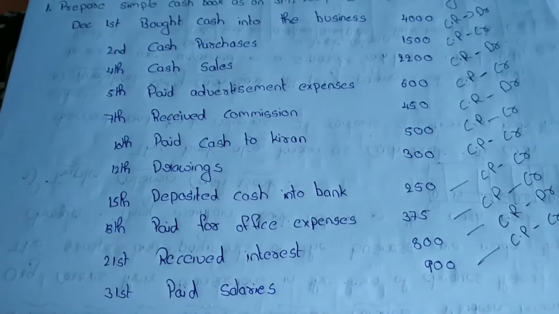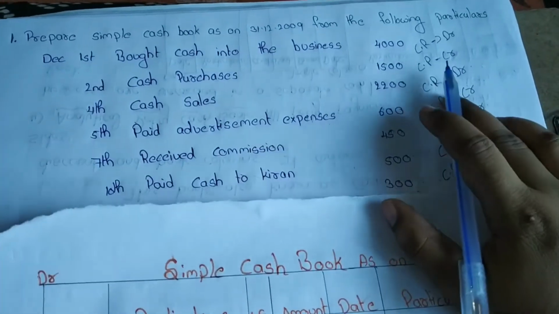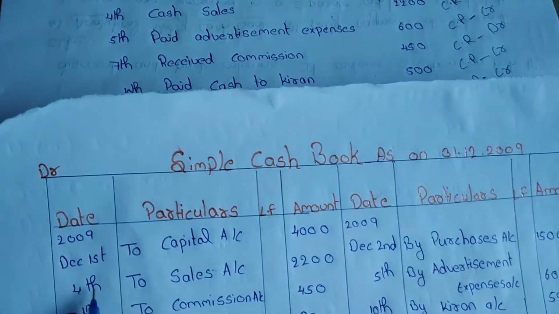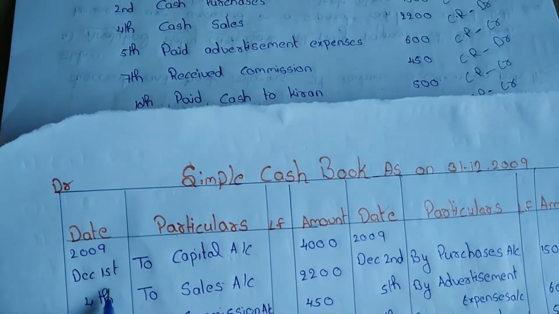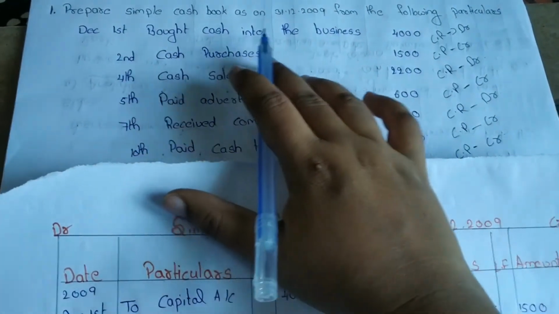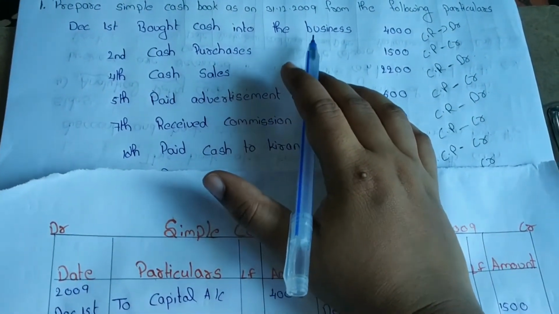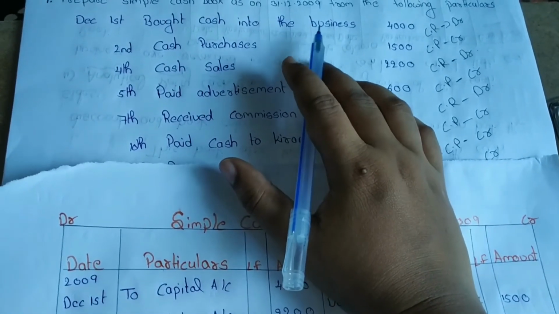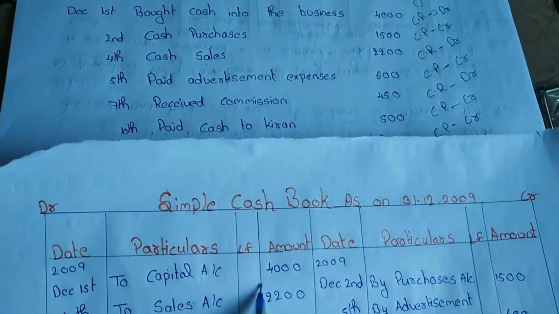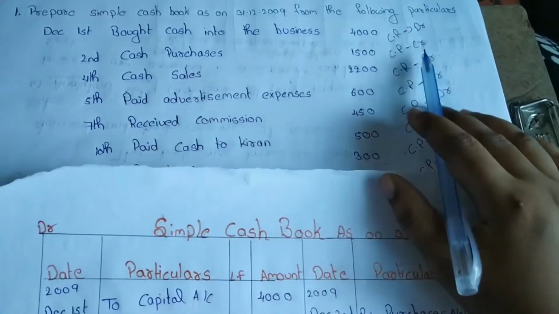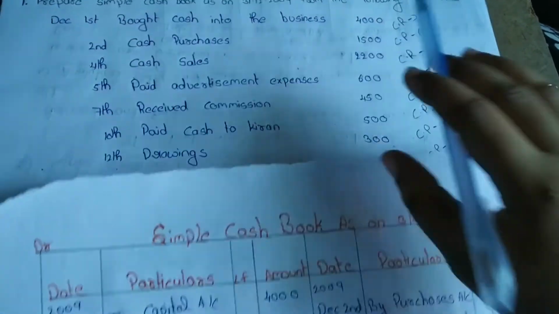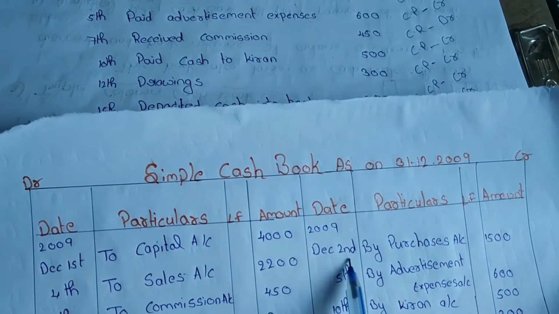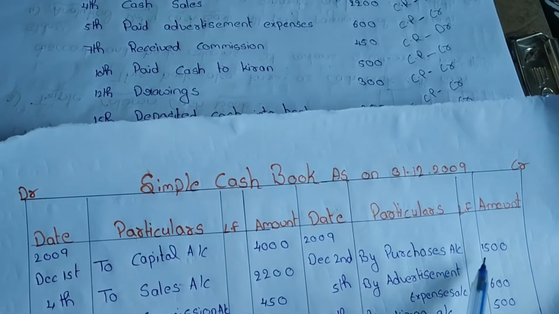Let's see. The first one should be recorded on the debit side. On the debit side, in the date column, 2009 December 1st. We brought cash into the business, so it was capital. So we record it as to capital account 4,000. Next one, credit side, purchases. Cash purchases, so 2009 December 2nd, by purchases account 1500 rupees.